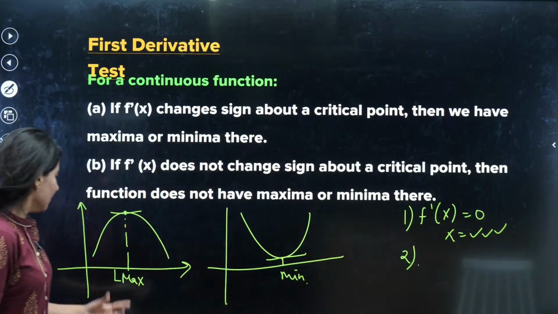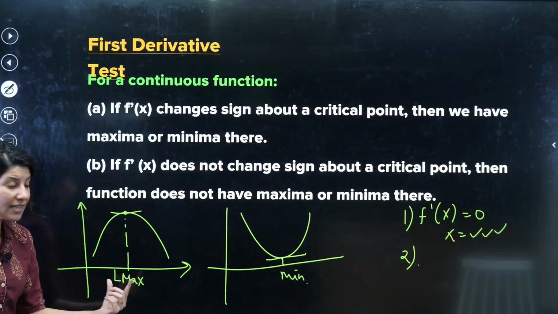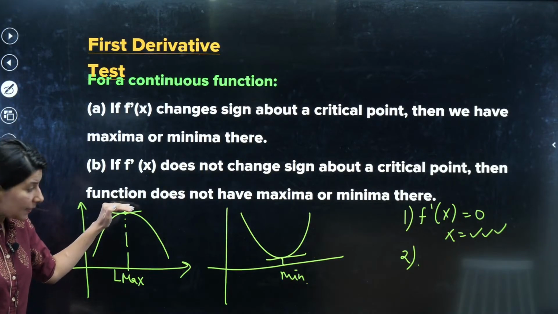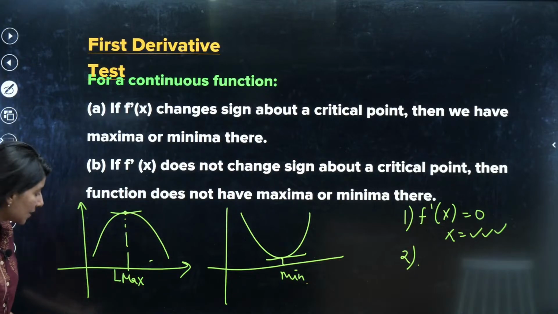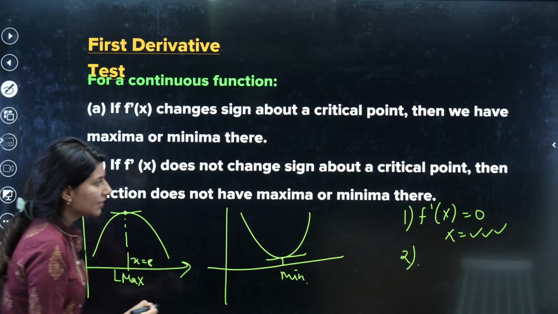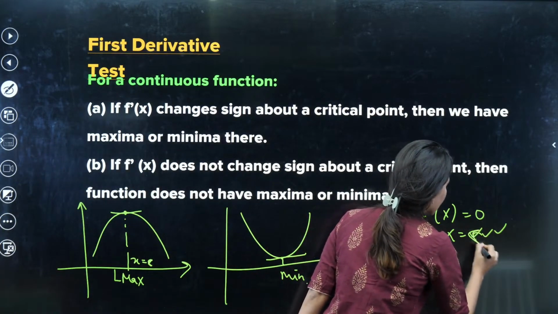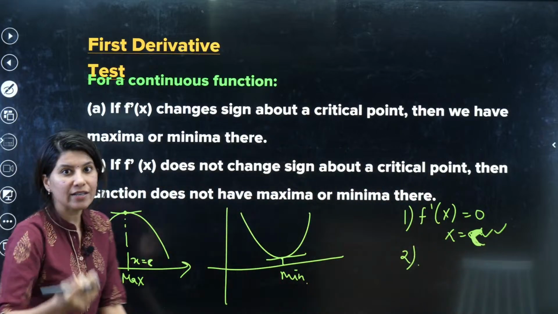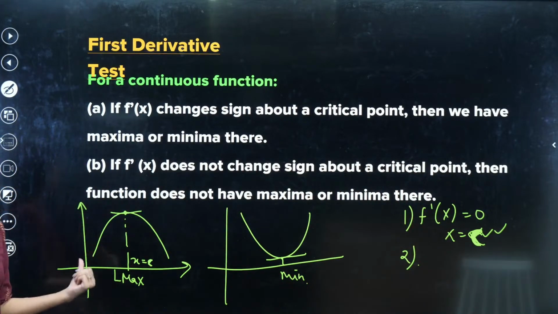Second thing, for maxima, it is very clear that initially my function is increasing, then it is decreasing. Suppose this is x equals c. This is my critical point, x equals c, right? So I am checking for only critical points. I won't check for each and every point. I am talking about x equals c.